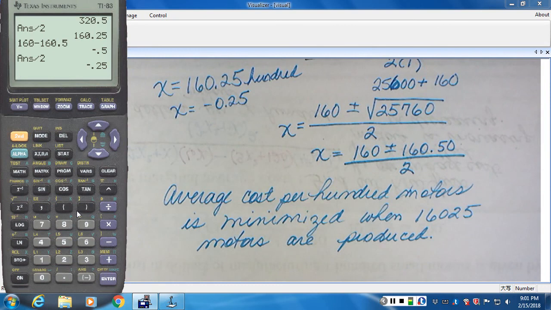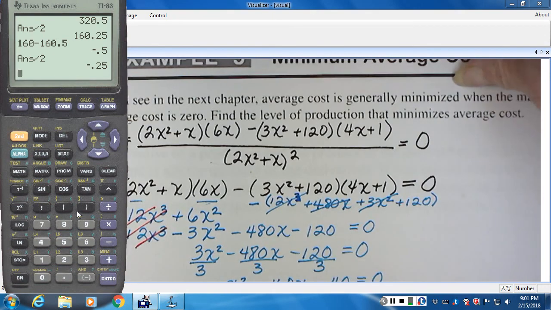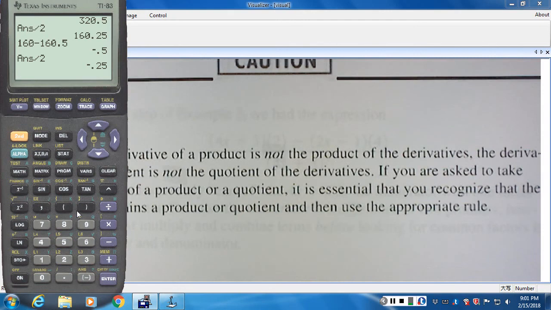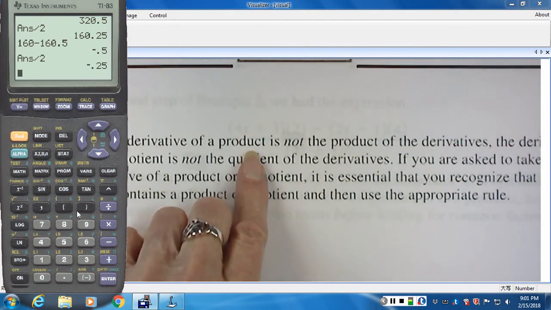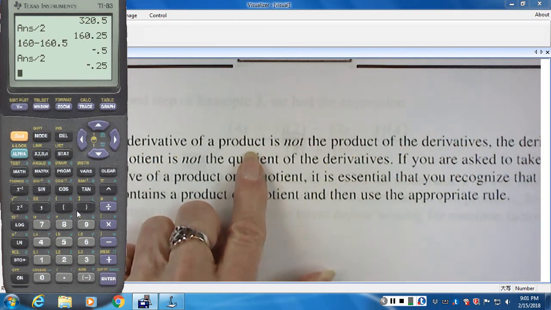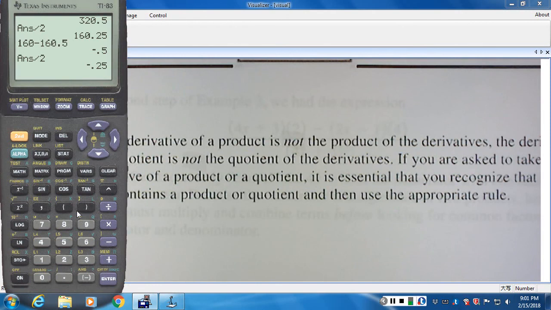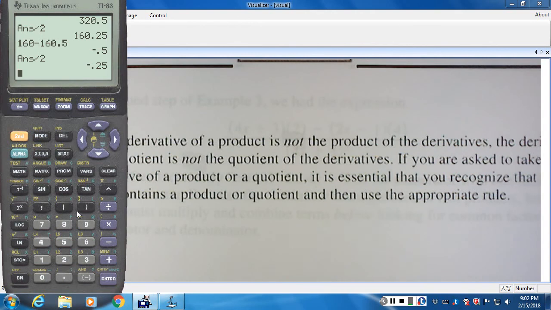Okay, so that actually wraps it up for us, and it is 9 o'clock. Quick caution, and I will open by reminding you of this next time. Just as the derivative of a product is not the product of the derivatives, it is the two derivatives swapped and turned into a sum, the derivative of a quotient isn't the quotient of two derivatives. You have to use the process.